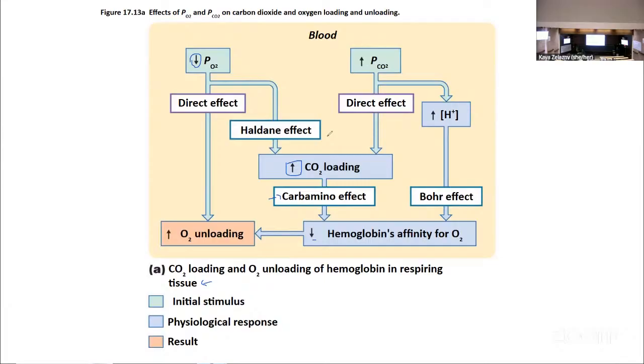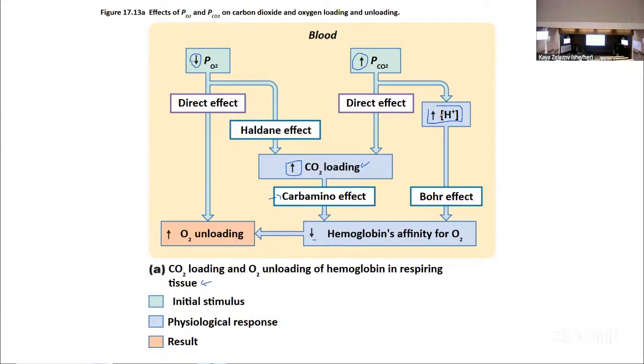At the same time as we see oxygen dropping, we are almost certainly going to see our carbon dioxide going up because we're passing by our active tissue, which is getting rid of carbon dioxide as a waste product. So that's another place we're getting increases in carbon dioxide loading, creating this carbamino effect. And some of that carbon dioxide is turning to carbonic acid, which then dissociates into hydrogen ions and bicarbonate. That increase creates a pH change, which creates our Bohr effect.